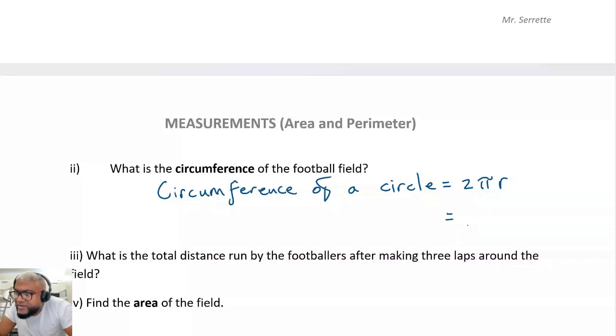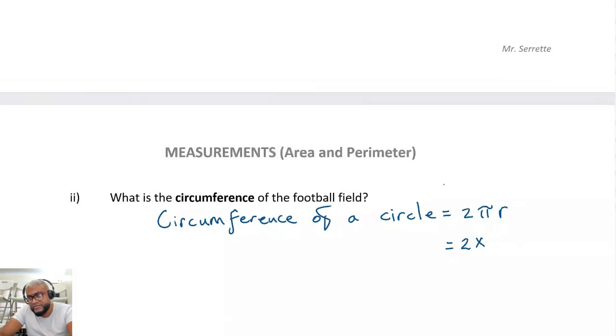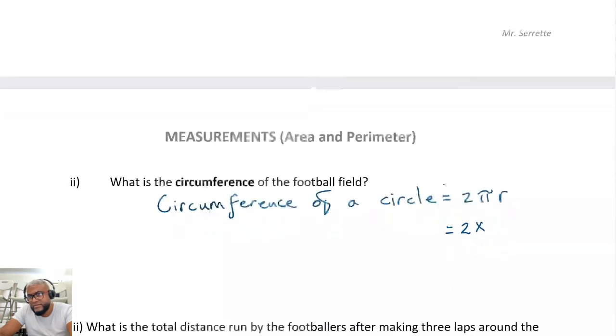I have a question for the whole class. Michaela, it'll be 2 multiplied by what is pi? What did they say to use pi as in this question? 22/7.